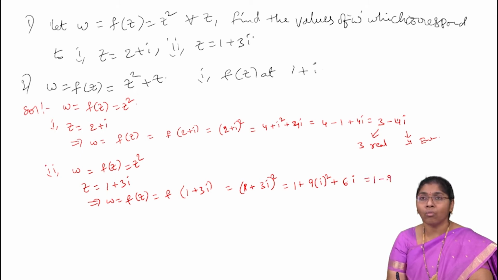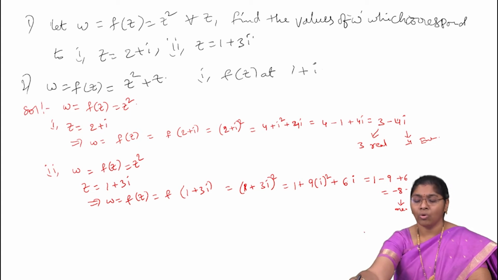I square value is minus 1, so 1 minus 9 is minus 8, plus 6i. Here minus 8 is the real part and 6 is the imaginary part.